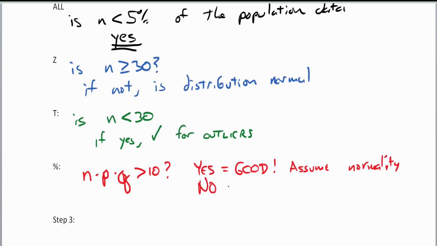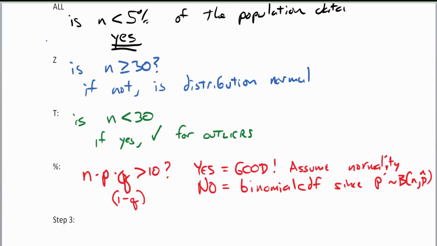But if you can't, then you have to use a binomial distribution, and we use what's called binomial CDF. That's because your p-hat is going to belong to a binomial distribution with sample size n and success rate p. I would say most of the time your n times p times q is going to be greater than 10. And as a reminder, your q is 1 minus p.